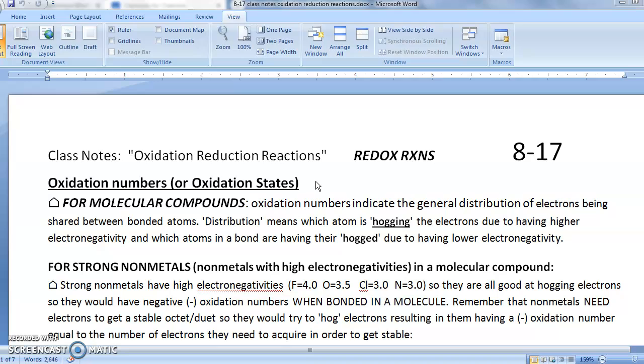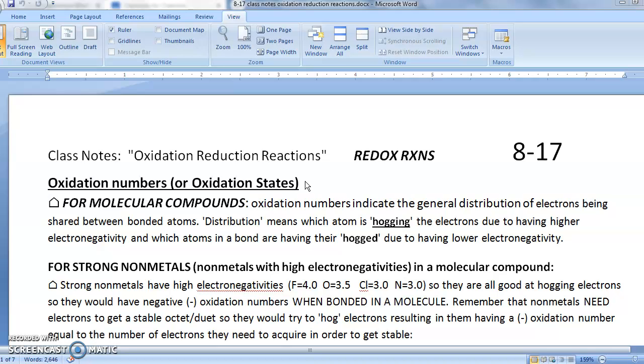They're better at tugging electrons so that the bonded electrons are spending more time around the stronger atom. So electronegativity plays a big part in understanding oxidation numbers. For this reason, the very last page of our 8-17 note packet is an electronegativity table that you'll need to refer to when we're determining oxidation numbers.